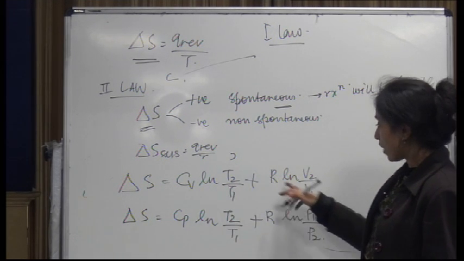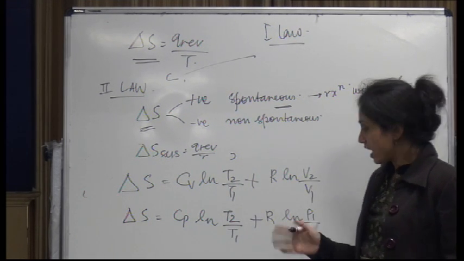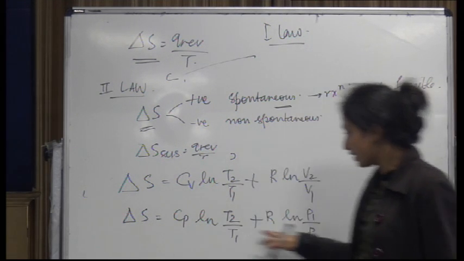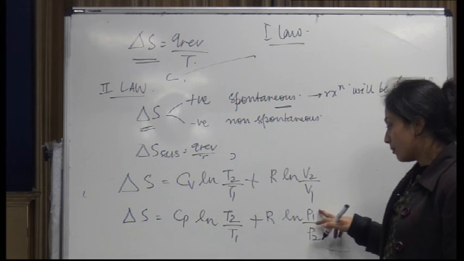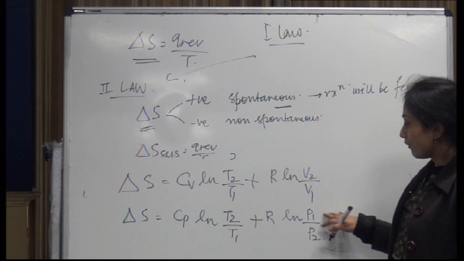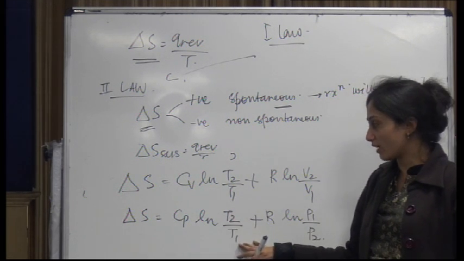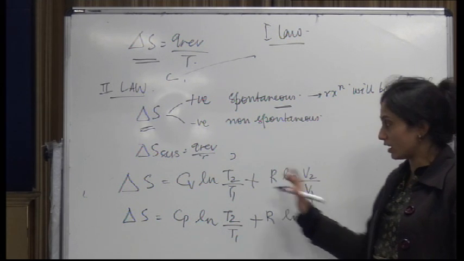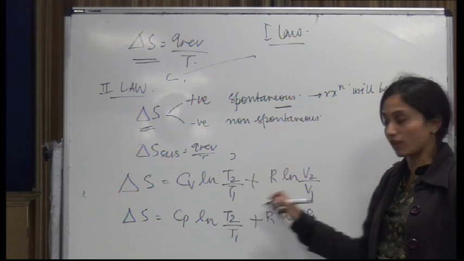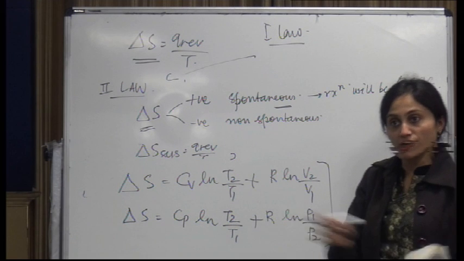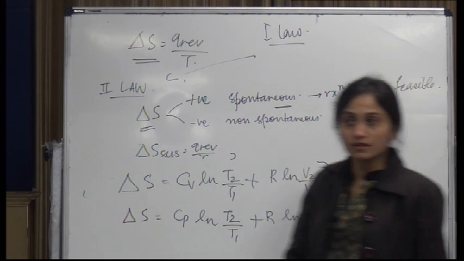It will be equal to R ln of V2 by V1, or in terms of pressure it will be R ln of P1 by P2. If your pressure is constant, then it will be Cp ln of T2 by T1. If your volume is constant, then it will be Cv ln of T2 by T1. So these are the master formulae from which you can arrive at the other cases, right?